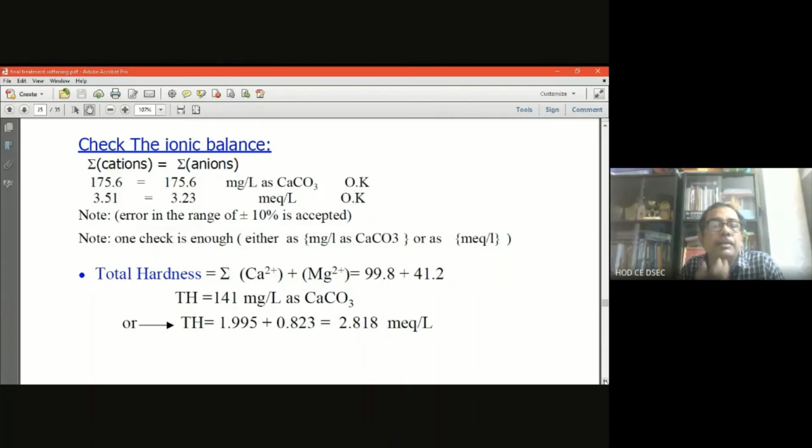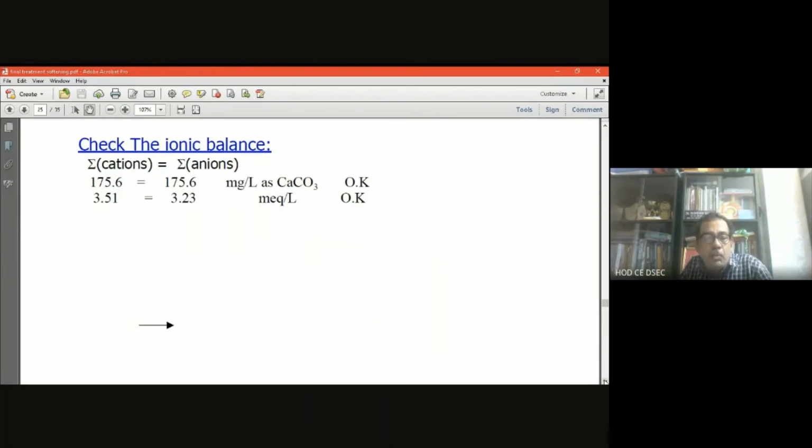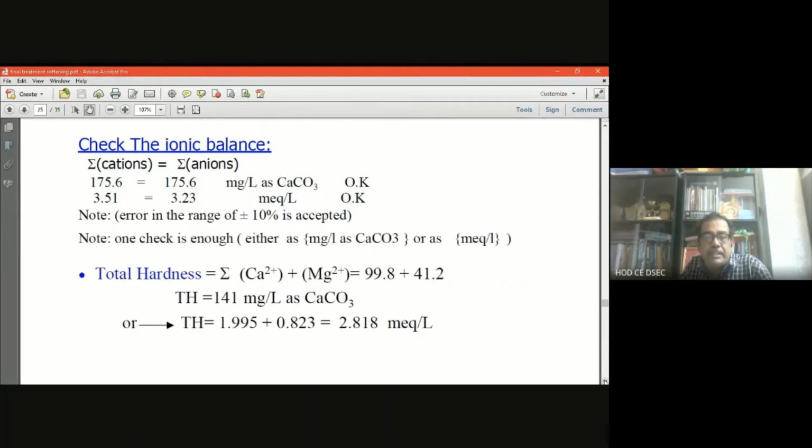A variation of 10% plus or minus is accepted. Otherwise, it should be equal within 10% plus or minus. Now, what is total hardness? We know the hardness is due to the calcium and magnesium ions. So if you add the calcium ion concentration and the magnesium ion concentration, you will get the total hardness, which is 141 milligram per liter as CaCO3.